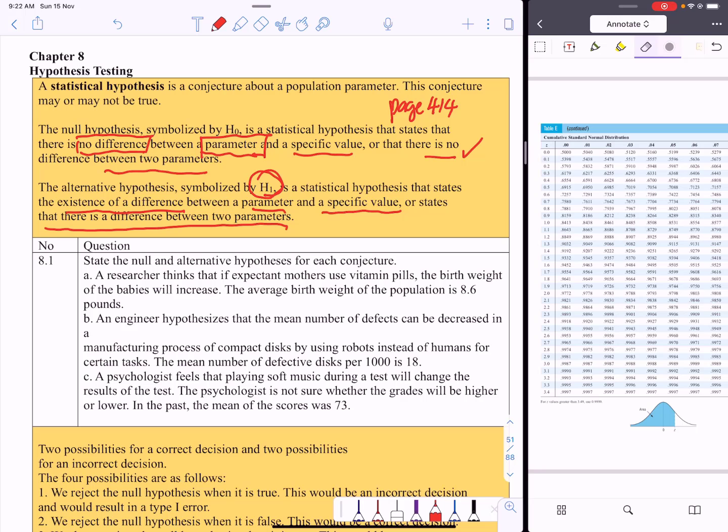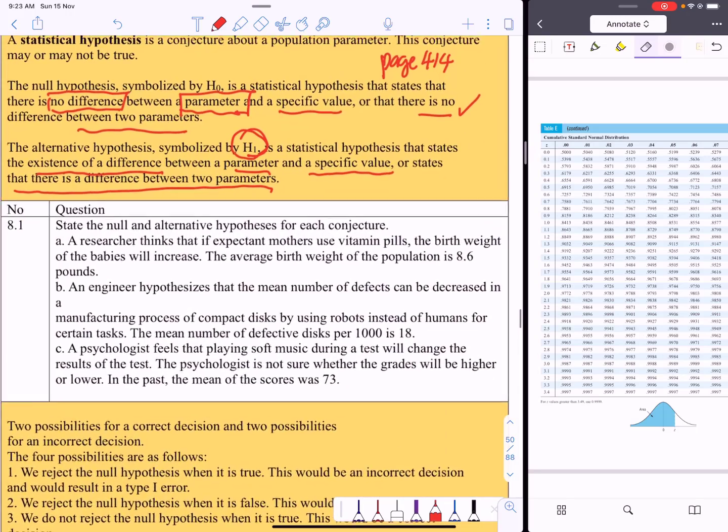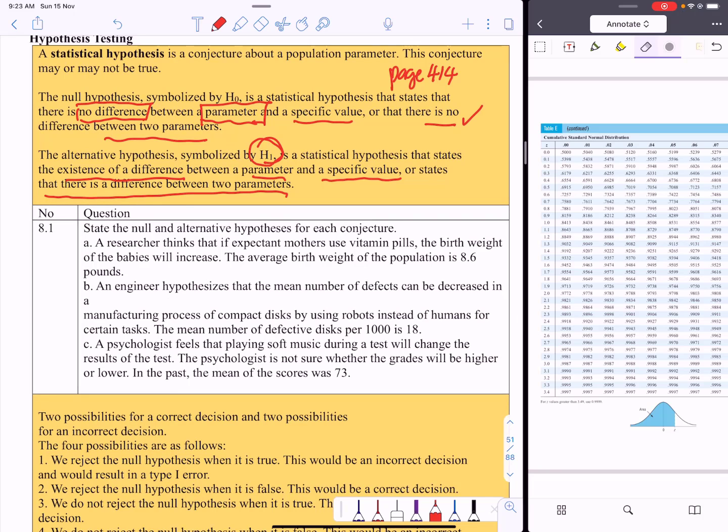Example 8.1. We want to see how to write the null hypothesis and the alternative hypothesis. I'll read it. A researcher thinks that if expectant mothers use vitamin pills, the birth weight of the baby will increase.